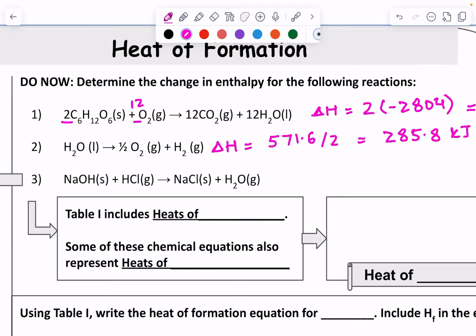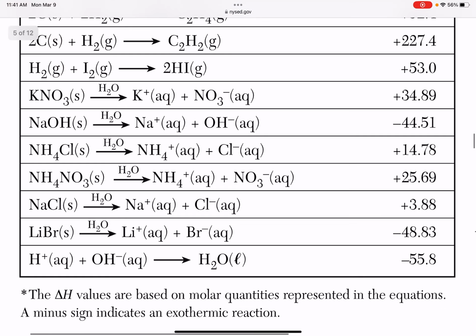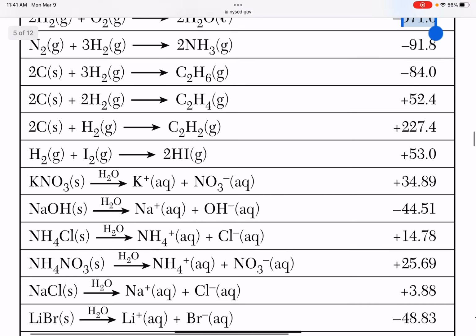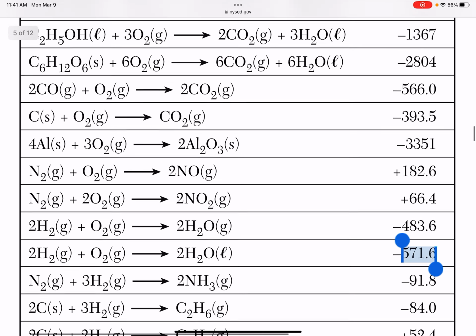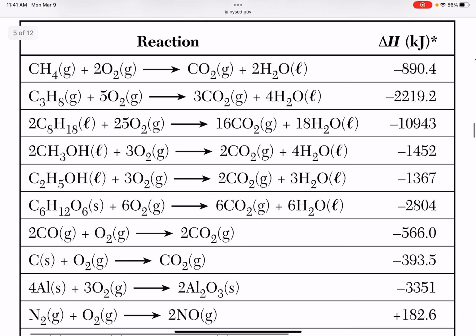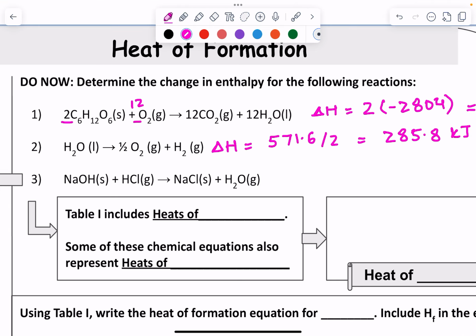For the third one, we have sodium hydroxide combining with hydrochloric acid, producing NaCl and water. Let's see if this is on Table I. I just see splitting of sodium chloride and the splitting of sodium hydroxide. But that's it. No reaction of sodium hydroxide with hydrochloric acid.